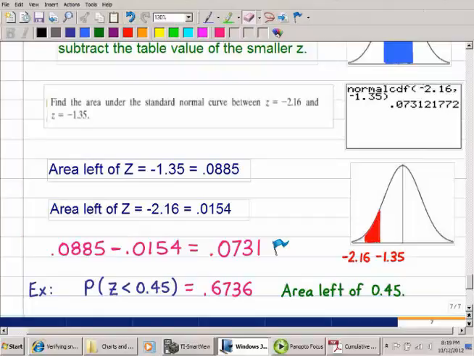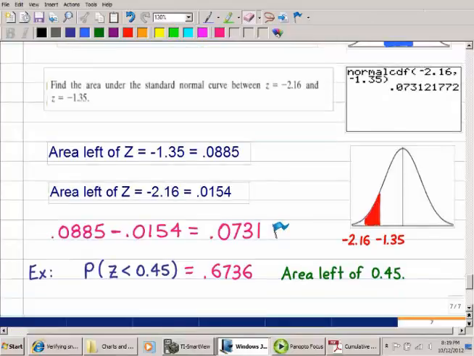And then area left of negative 2.16, right here would be 0.0154. So once again, it has to be the larger minus the smaller. So 0.0885 minus 0.0154 gives you an area of 0.0731. So just take the larger one minus the smaller one. Answer has to be positive.